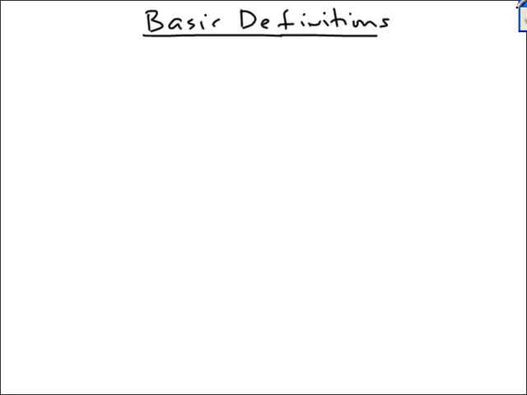First thing we are going to talk about will be basic definitions. I will be defining a few sets. The first set we're going to talk about is the set of natural numbers, which is also called the counting numbers.